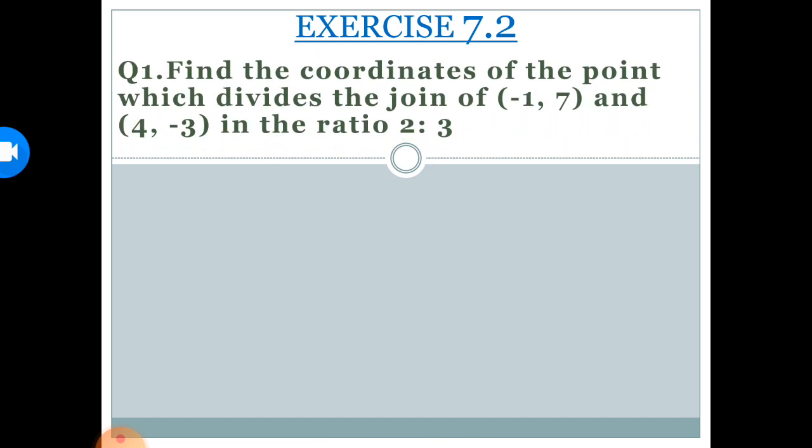Question number 1 of exercise 7.2. Find the coordinates of the point which divides the join of (-1, 7) and (4, -3) in the ratio 2:3. So it's a direct question based on the section formula. We can draw a figure for indicating the given points and the required point P as (x, y).